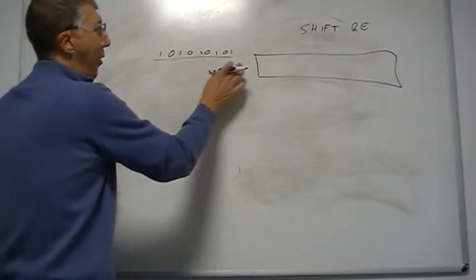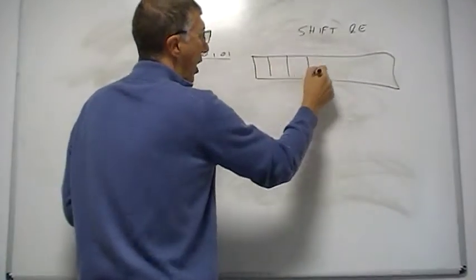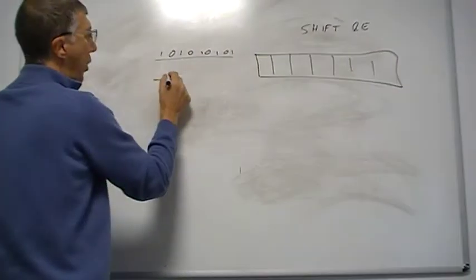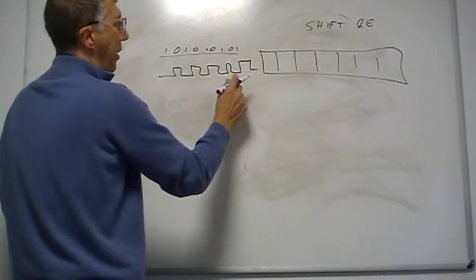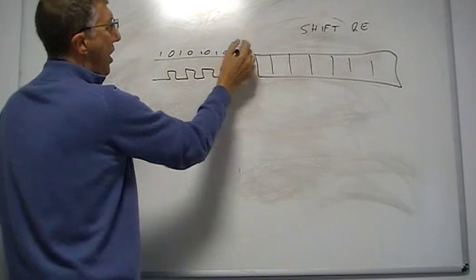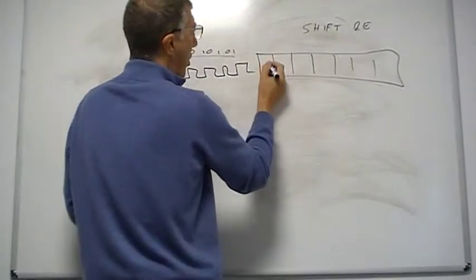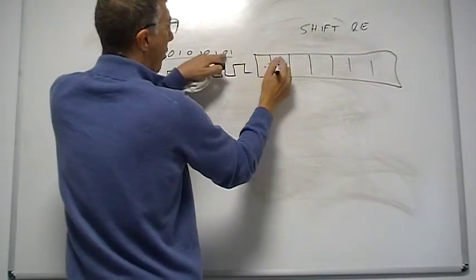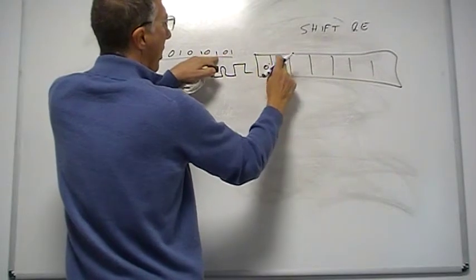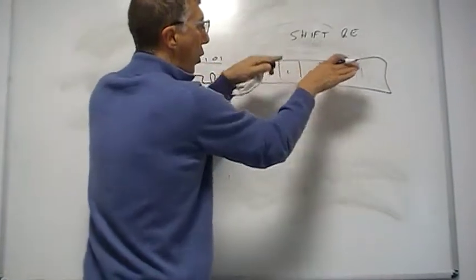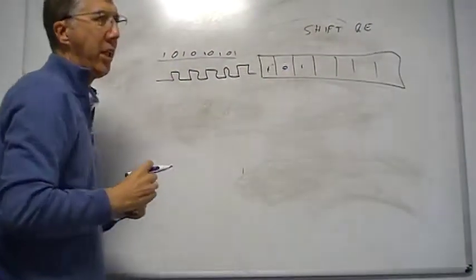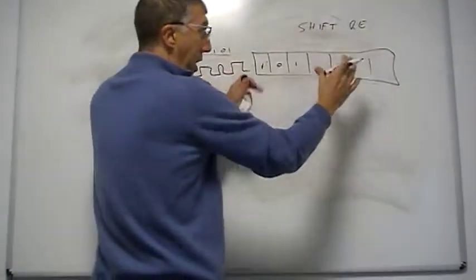But to tell it how fast it is and to get it into this shift register, we have to send with it a clock signal. And the clock signal will clock each of these in, and it'll start here with the 1, then it moves the 1 down there as a 0, then it moves 1, 0, 1. As you can see, it clocks it all the way in. Once it's all in there, then that's ready.